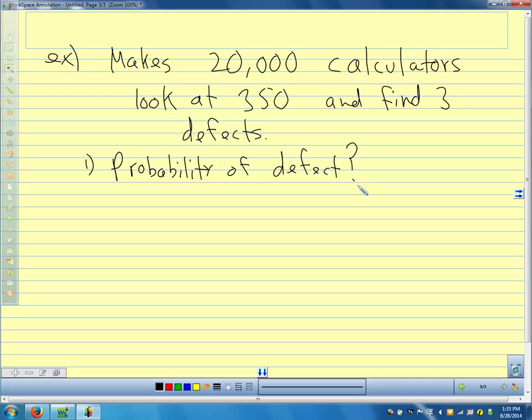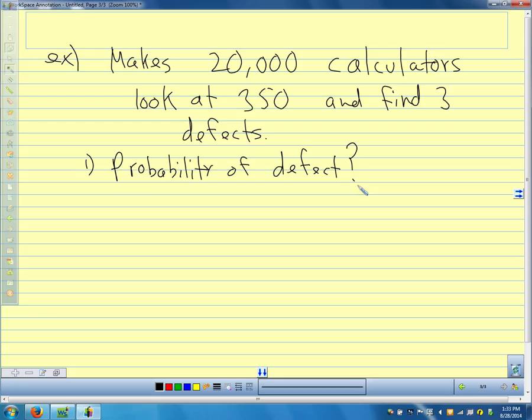Are we talking about experimental or theoretical probability? Experimental. And why is it experimental rather than theoretical? We're actually doing it. We're looking at the calculators. We're picking them up. Are they defective? We're actually doing it.